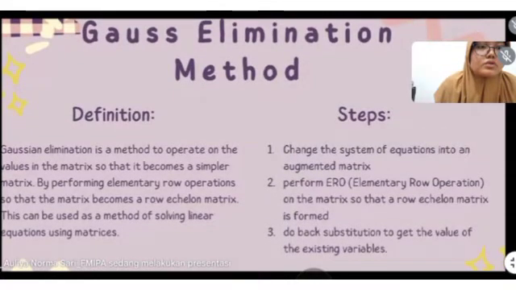Steps to solve a matrix with Gaussian elimination. First, change the system of equations into an augmented matrix. Second, perform ERO or elementary row operations on the matrix so that a row echelon matrix is formed.